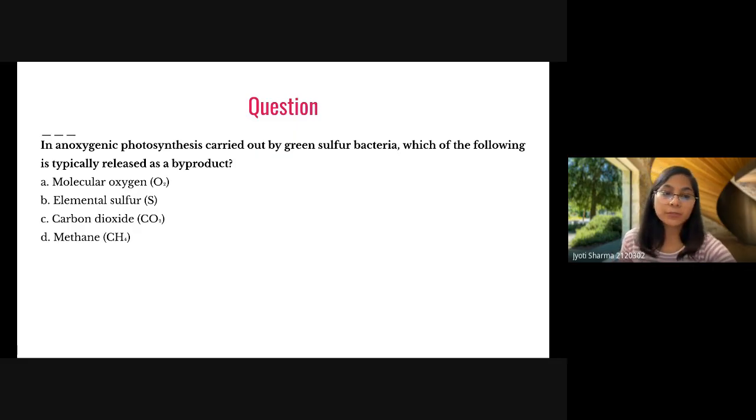So we will talk about this. This question is based on anoxygenic photosynthesis: photosynthesis in the absence of oxygen, carried out by green sulfur bacteria. Which of the following is typically released as a byproduct? The options are molecular oxygen, elemental sulfur, carbon dioxide, and methane.